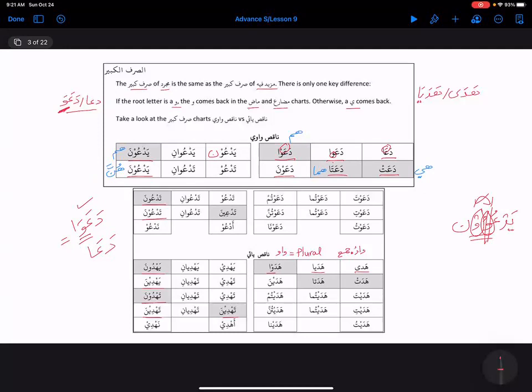Then we have tad'u, tad'uwani, and then hunna would be yad'una. So we see that hum and hunna, they are overlapping. Yad'una, yad'una. Then tad'u, tad'uwani, tad'una, tad'ina. So the vowel is dropped over here, and this ya is the ya of anti.